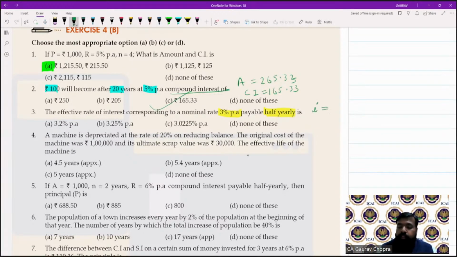So I will be 3 upon 2, that is 1.5%. N will be 2 because there are 2 half years. So 1.015 to the power of 2 minus 1 multiplied by 100. So how much you are getting? 3.0225. Option number C. C option is the correct answer.